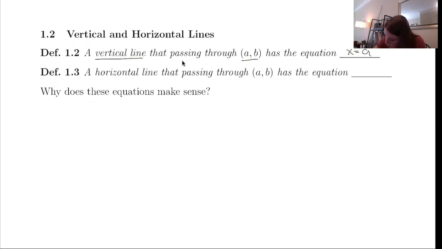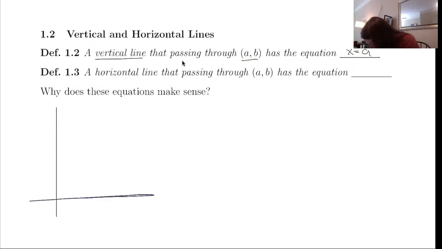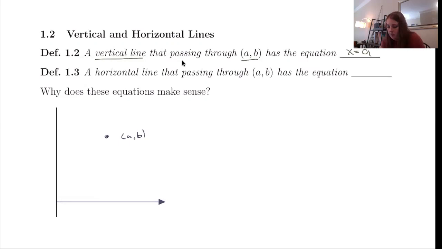If I were to draw an axis, and let's call this the point (a, b), a vertical line that goes through it is just going to be, let's do a different color, this line.